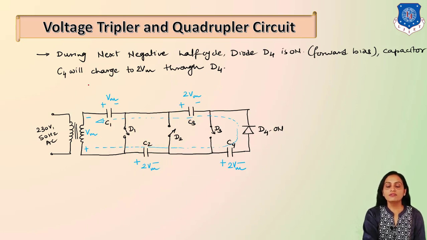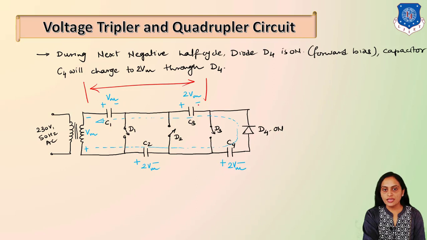This is how we find the voltage across these two terminals: plus minus Vm plus minus 2 Vm, that is 3 Vm. So we get 3 Vm across these two terminals, and that's why it is called a voltage tripler.